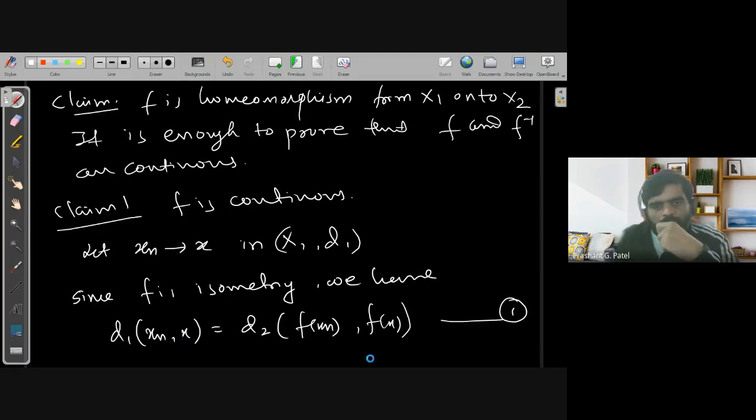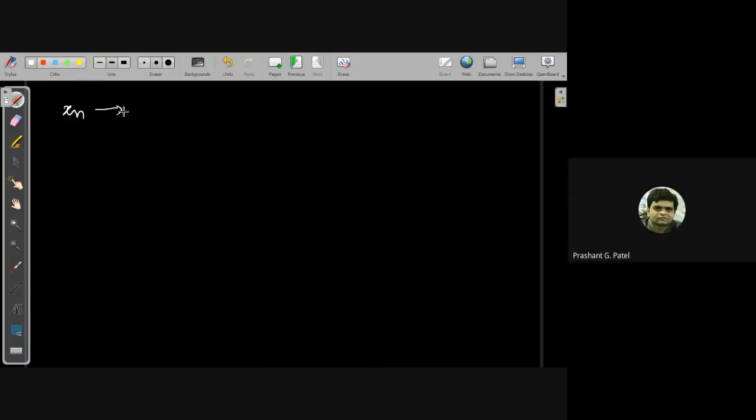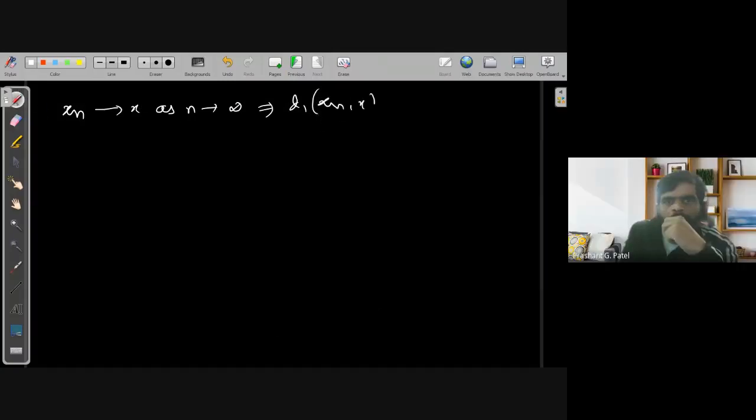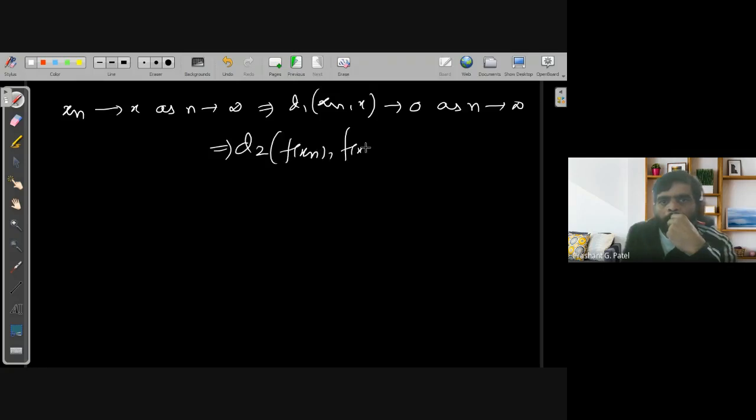So due to statement 1, the distance between f of xn and f of x tends to 0, which proves that f is continuous.